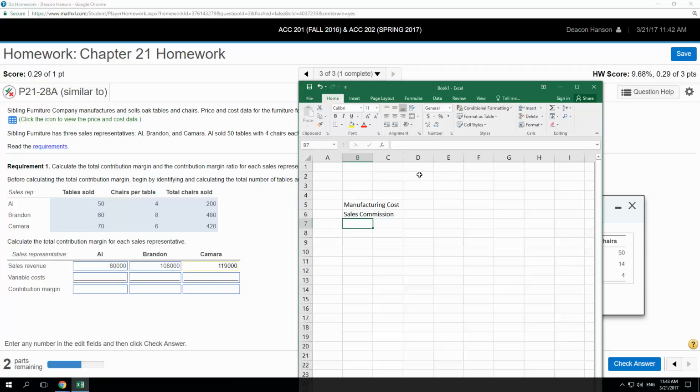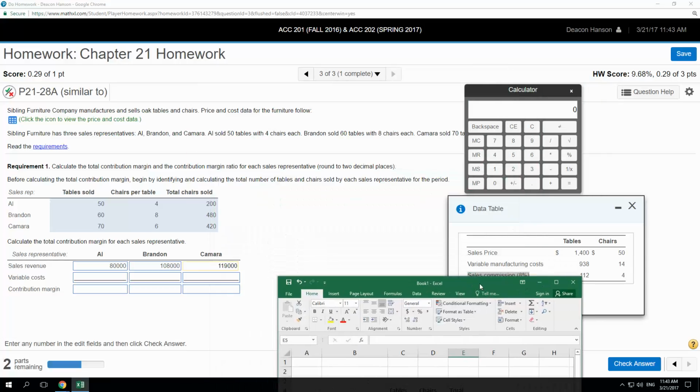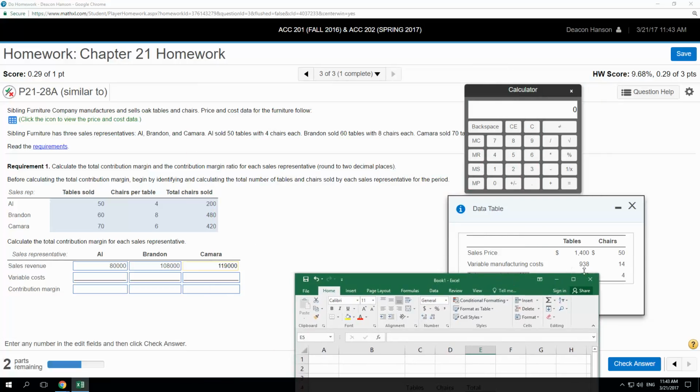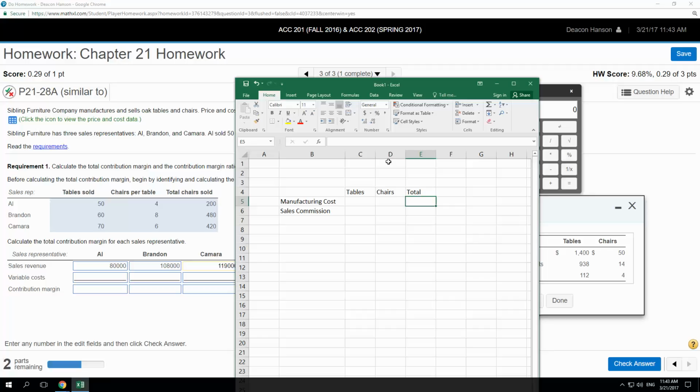Okay, and then you might break it down by tables, chairs, and total, right? We know that the variable manufacturing cost on the tables is 938, so you might put a 938 over here, and on chairs it's 14.